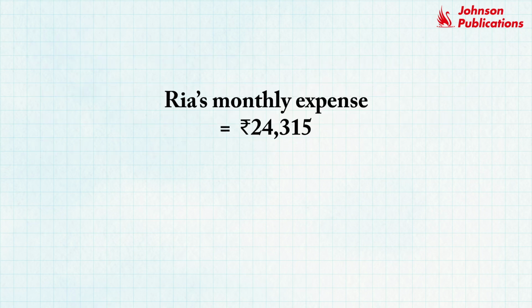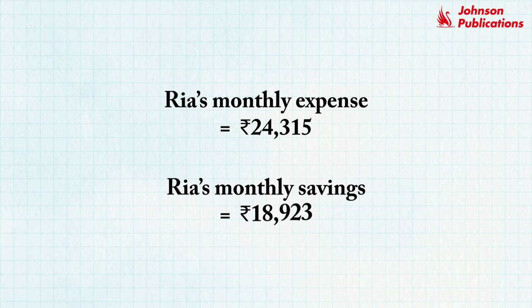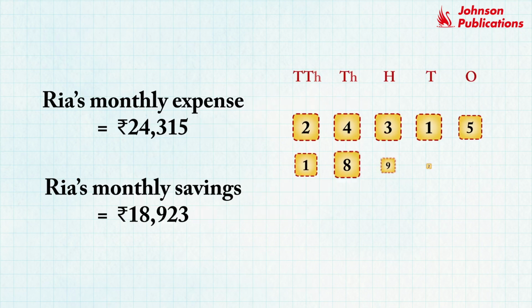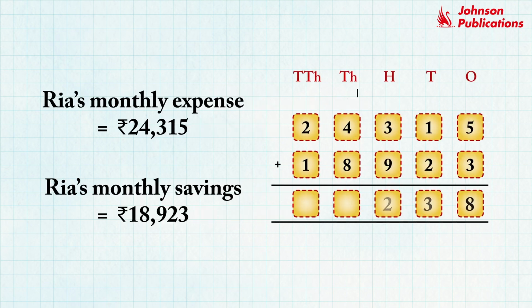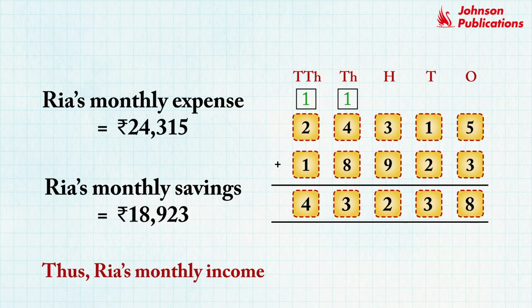Riya's monthly expenses are 24,315 rupees. Riya's monthly savings are 18,923 rupees. Now add the numbers to get Riya's total monthly income. Thus, Riya's monthly income is 43,238 rupees.